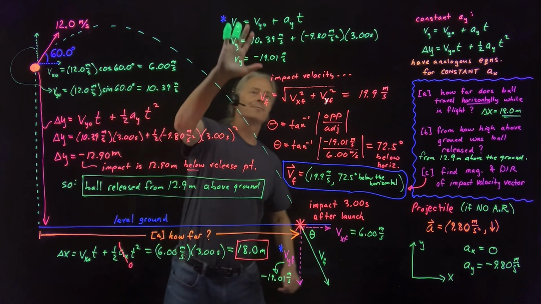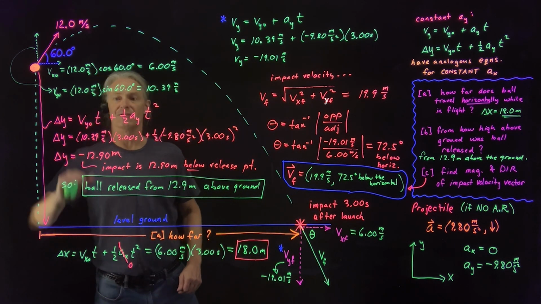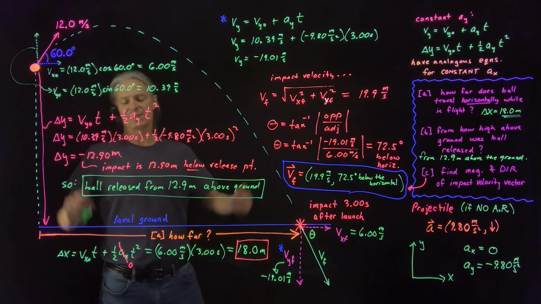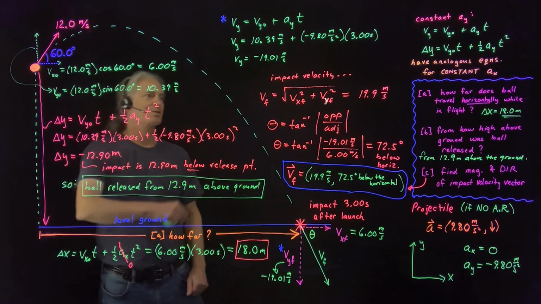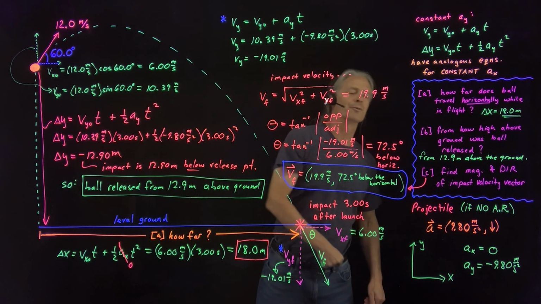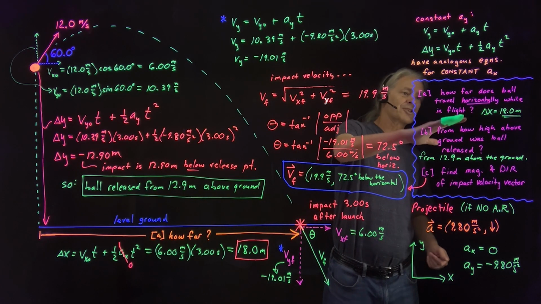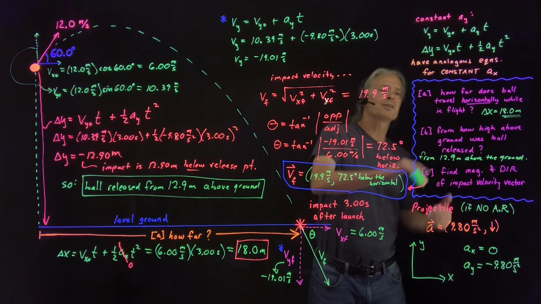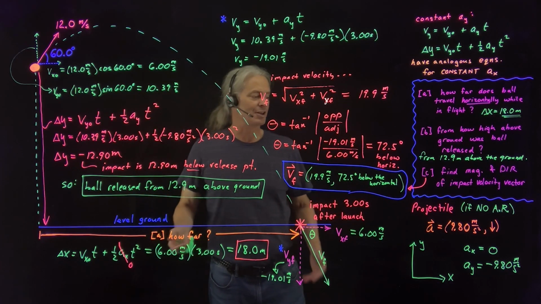We could have done all of this first, or we could have done this first. Instead, we chose to do this first, then this, then this. It turned out that we could do everything in the order we were asked to do it. But if you're given a problem and you get stuck, try doing a different part first. Maybe you'll find traction on that.